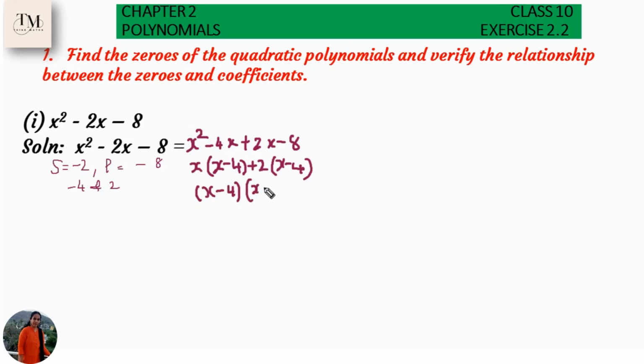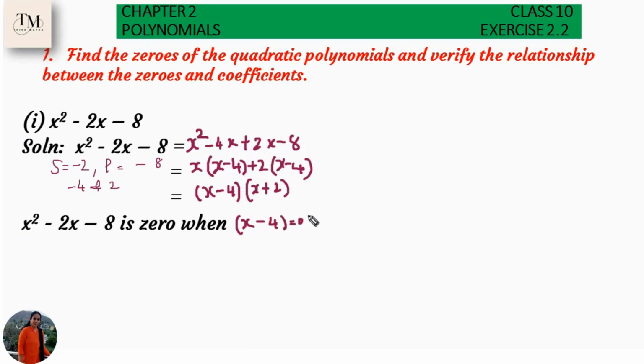So if this quadratic polynomial is 0, then x minus 4 will be equal to 0 and x plus 2 is equal to 0.